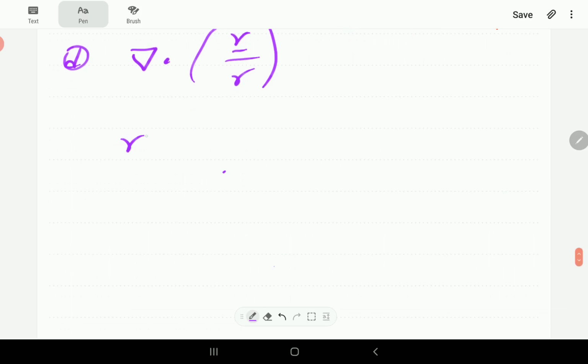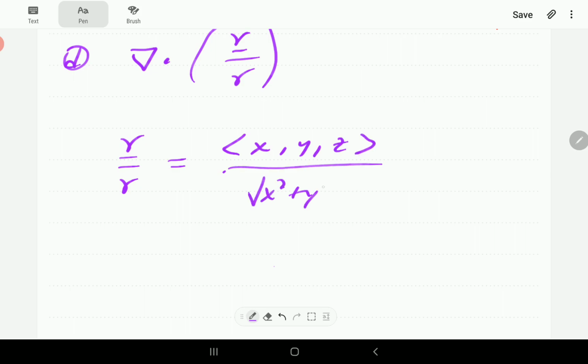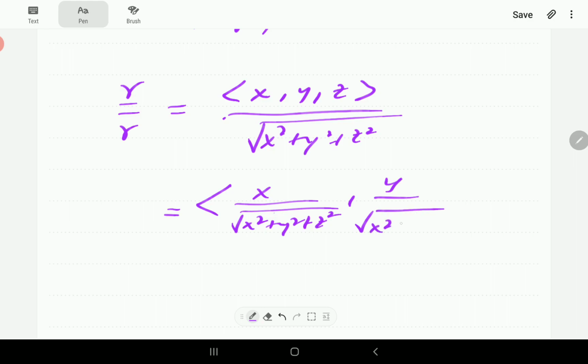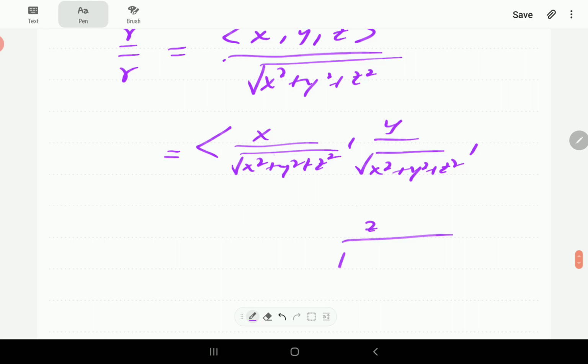So again here, vector r divided by r is simply going to be x, y, z divided by the square root of x squared plus y squared plus z squared. So this is going to be x over the square root of x squared plus y squared plus z squared, y over the square root of that, and then z over the square root of that.